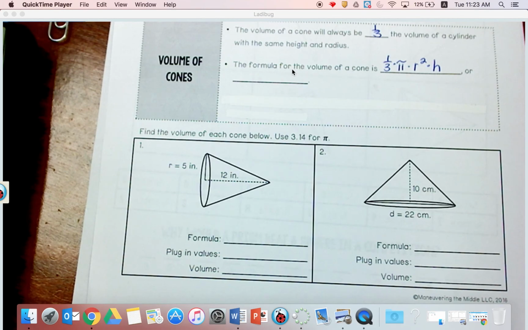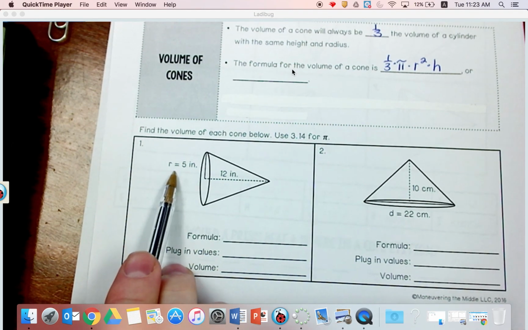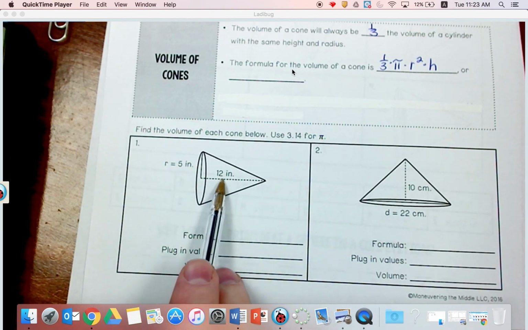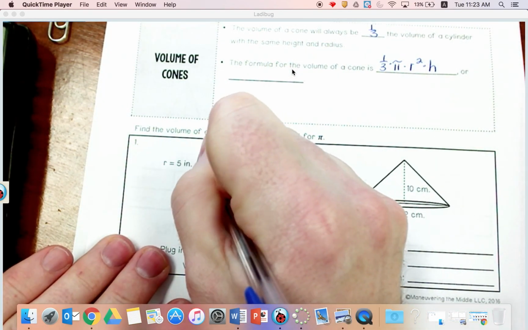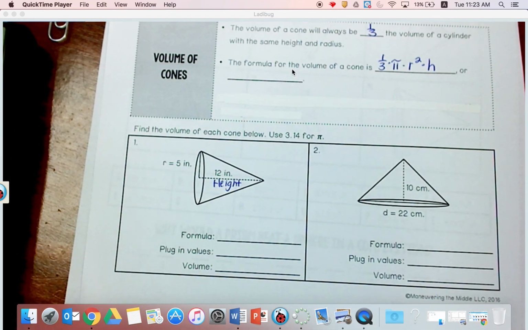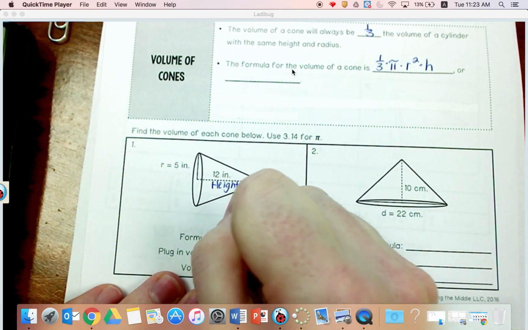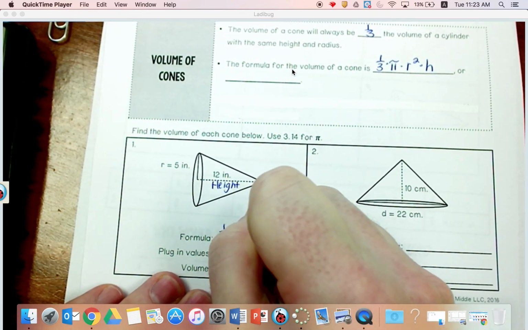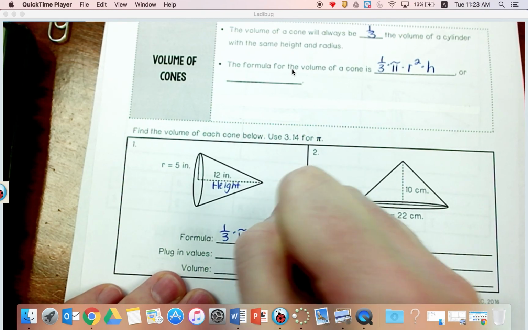So here's your first example. You've got a cone that's laid on its side. It shows that you've got the radius of 5. You've got a height of 12. So this is my height. And we want to find the volume. Okay, so we're going to write down the formula: 1/3 times pi r squared times the height.